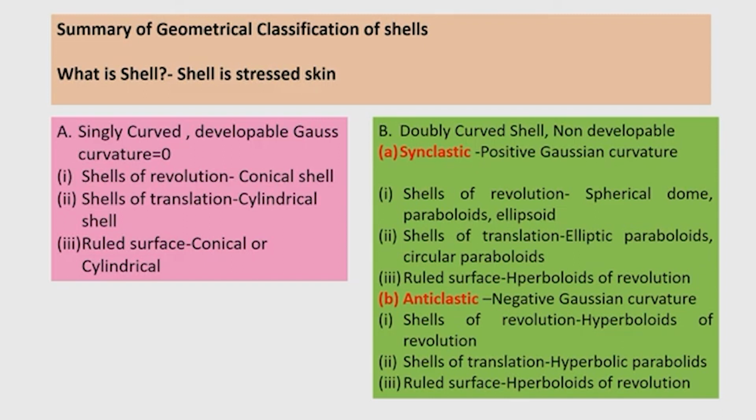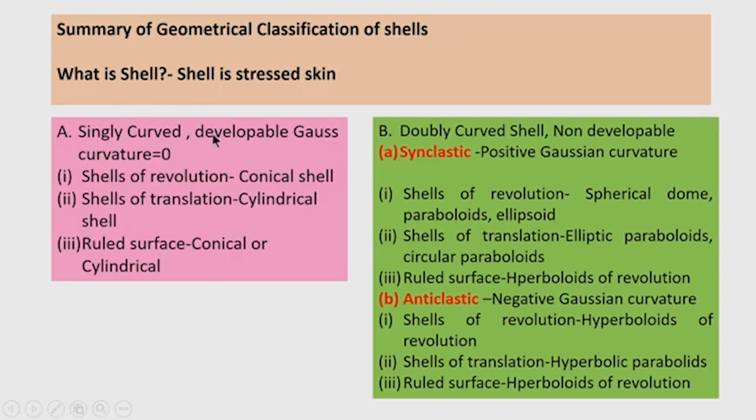In doubly curved shell, the Gaussian curvature is non-zero, but it may be positive or negative. When it is positive, it is known as synclastic shell, and when it is negative, it is known as anticlastic shell. So, in the singly curved shell, the surfaces that are formed are developable surfaces and the Gaussian curvature is 0.